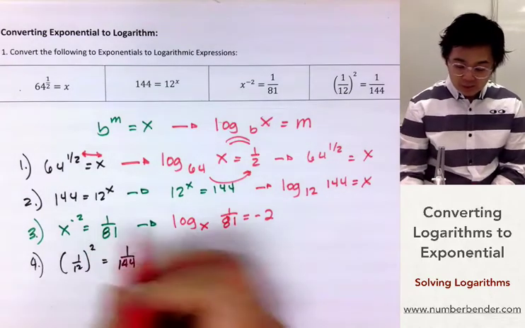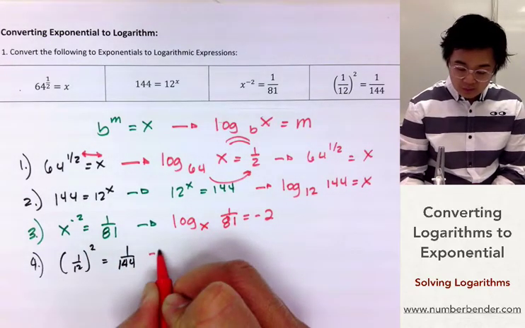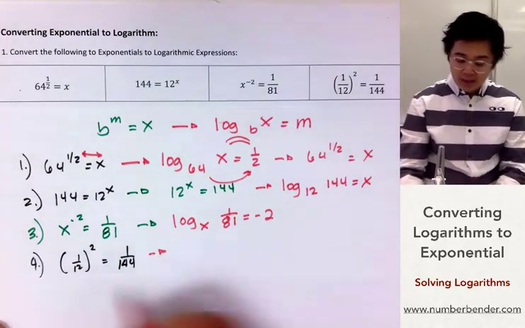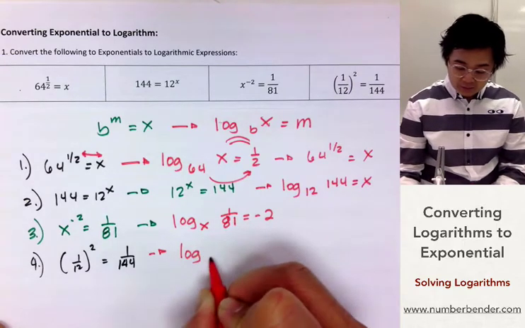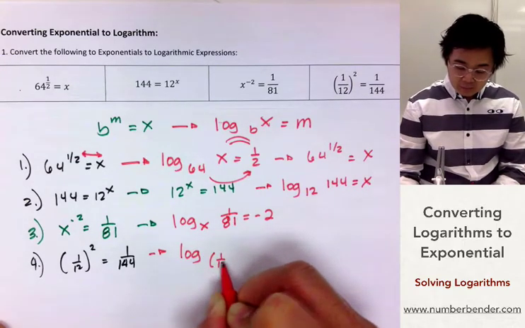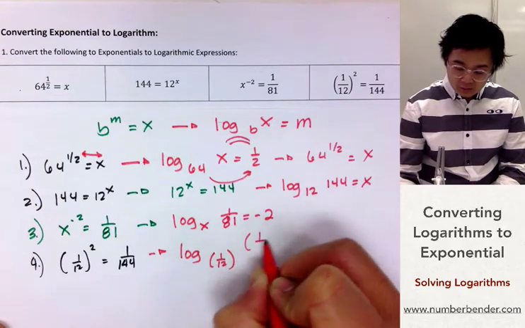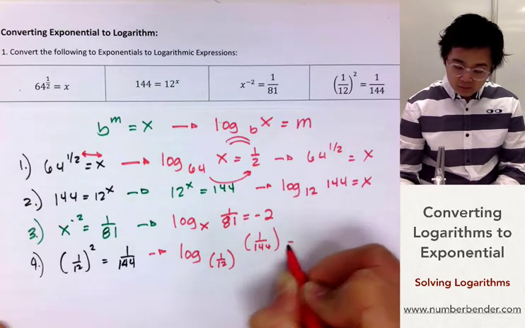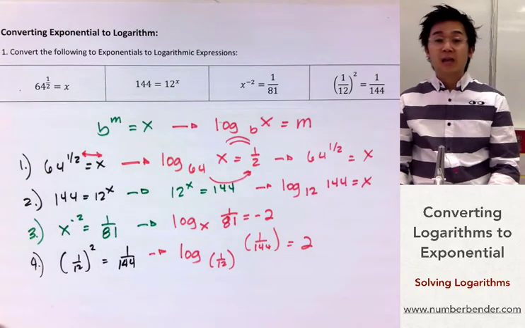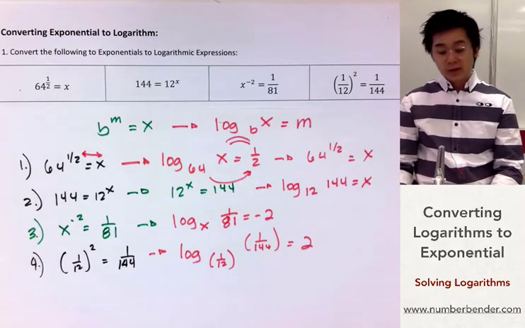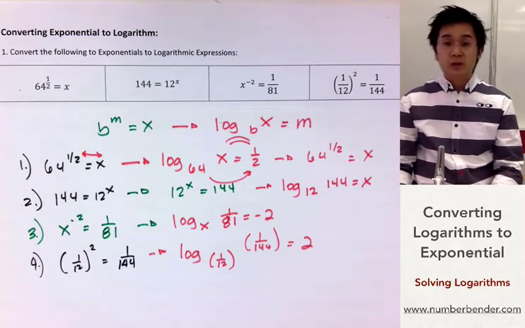Since the exponent is on this side of the equation, I don't need to modify it. I'll have my logarithm of small and switch. And this is how we convert exponential equations into their logarithmic form.